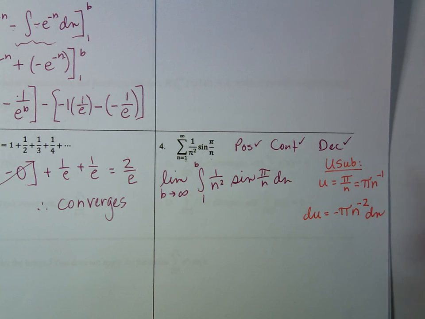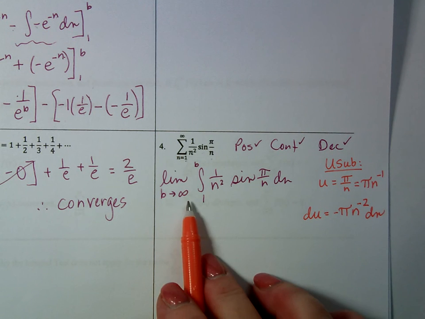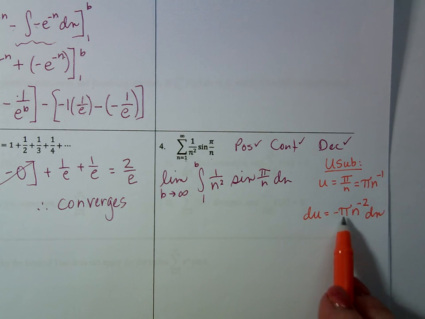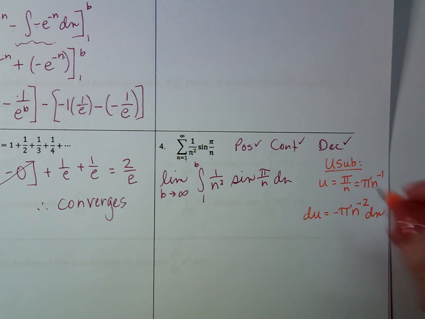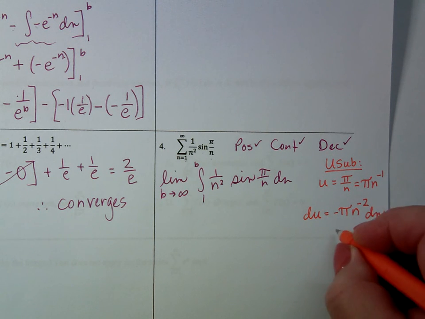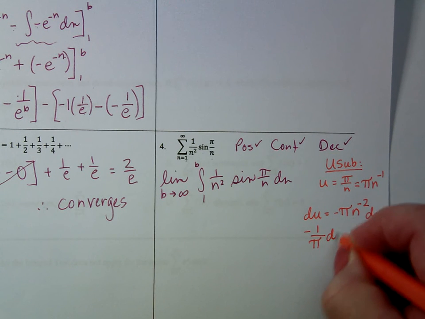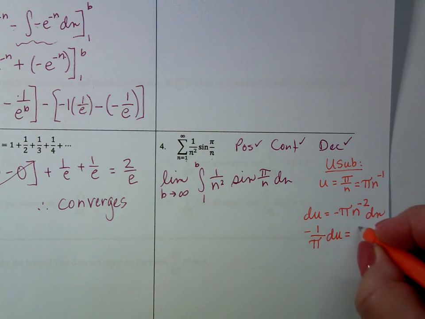And if I look at what I have, a 1 over n squared, well, that's this piece. What I don't have is this pi being involved in that. So I need to move that to the other side. If I do that, that's going to be dividing by negative pi. So now I've got negative 1 over pi du on the left, and on the right I have 1 over n squared dn.